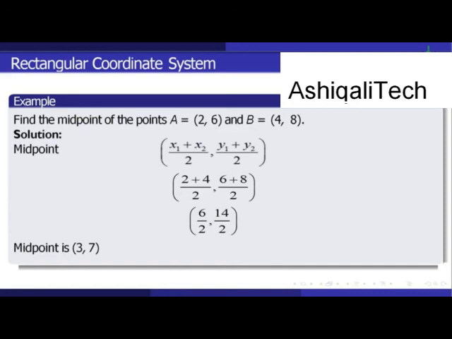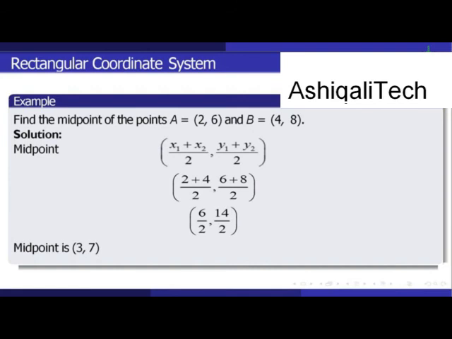So we get (2 + 4) over 2. Similarly, we substitute the values of y1 and y2, that are 6 and 8 respectively. So we get (6 + 8) over 2. So we get 6 over 2, 14 over 2, that is (3, 7). So our midpoint is (3, 7).